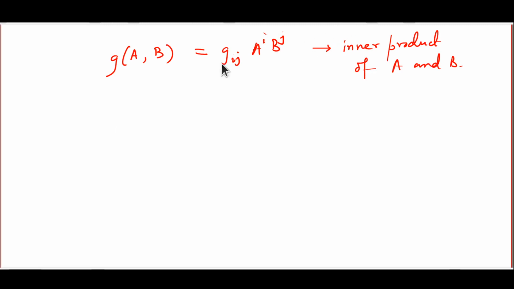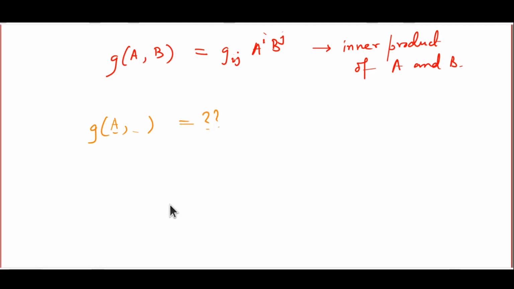However, let's just imagine this scenario. Let's take a fixed vector A and feed that to our metric tensor. The trouble is, the metric tensor actually has two slots for inputs, and I've just given A to one of the slots. The other slot is still empty. So what can we interpret this as?